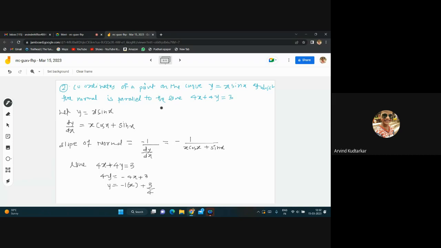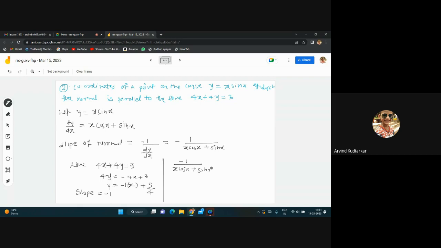So the slope of the normal, minus 1 divided by x times cos x plus sin x, equals minus 1. Minus 1 is the slope of which line? 4x plus 4y equals 3.